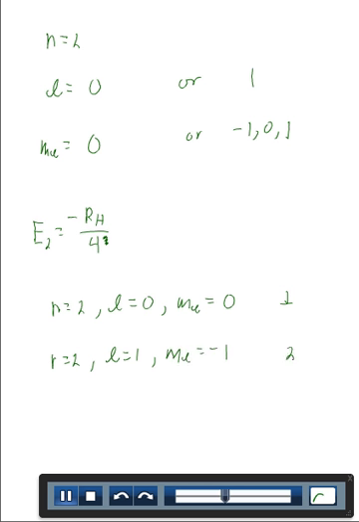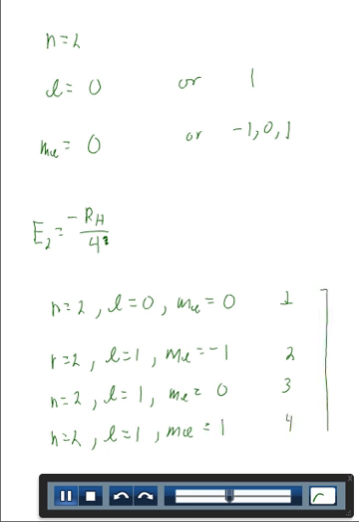That's the second energy state. N equal 2, L equal 1, M sub L equal 0. That's a third energy state. N equal 2, L equal 1, M sub L equal 1. That's a fourth energy state.